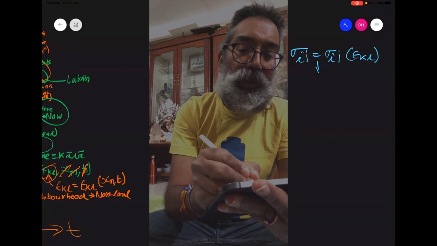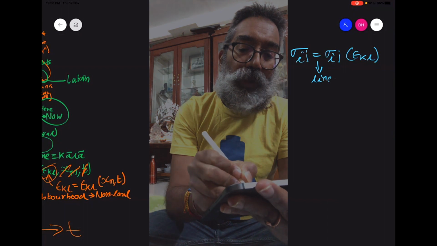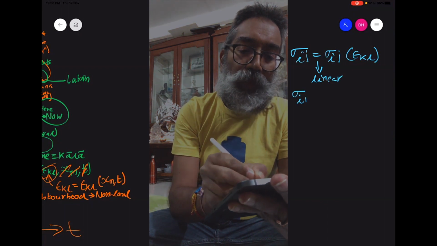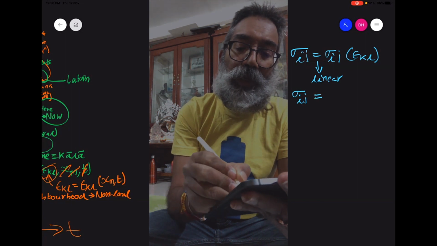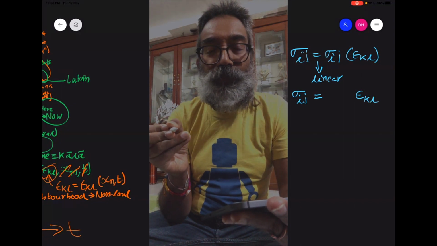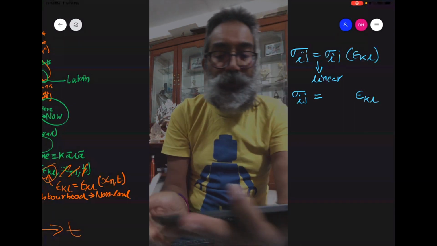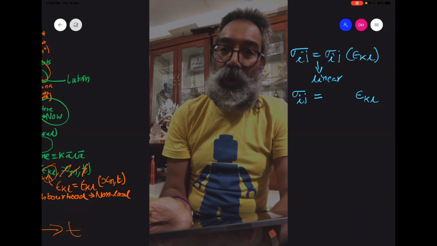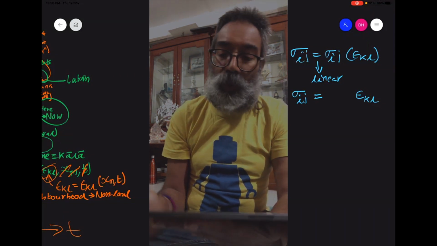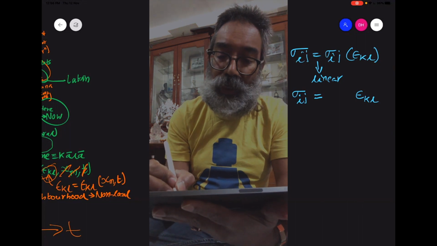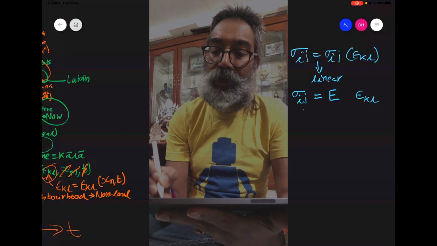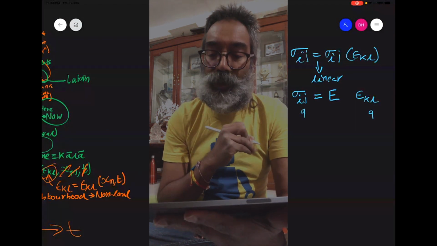So this becomes linear in the sense that now we are going to talk of a sigma ij, which is going to be linearly dependent on epsilon KL, which is nothing but a generalization of your Hooke's law. So Hooke's law, you said that sigma is equal to E times epsilon. Now again, let's introduce that quantity E. But now we are talking of 9 different components over here and 9 different components over here.